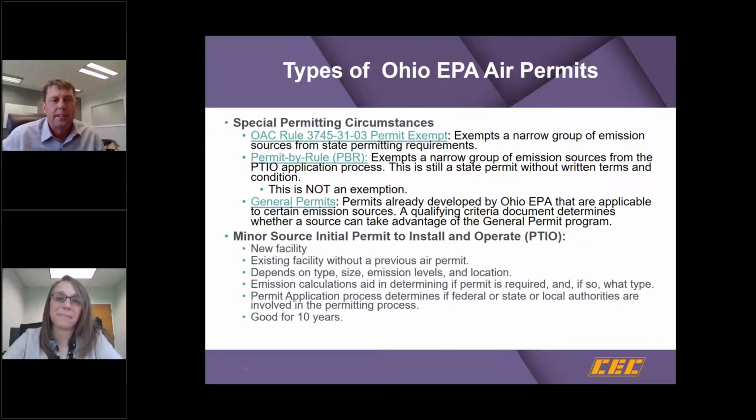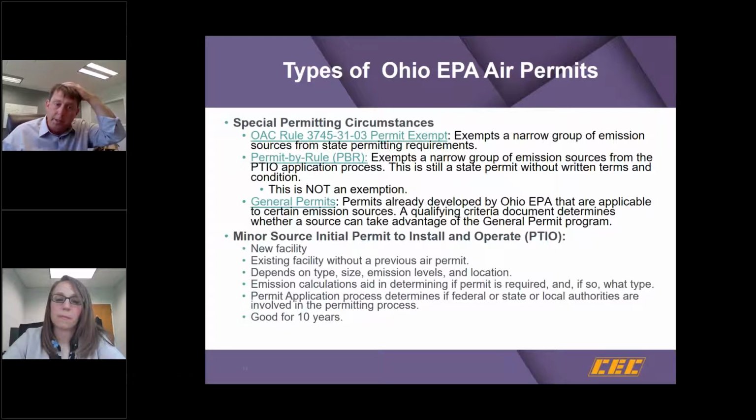So now it's a much better process. It's much easier for the minor sources and for your synthetic minors. For minor sources, you're building a new facility with relatively low emissions, you're not triggering the major source threshold, or you're not trying to restrict the emissions as you would with a synthetic minor.